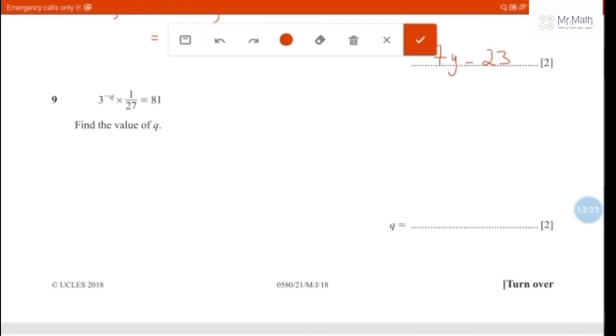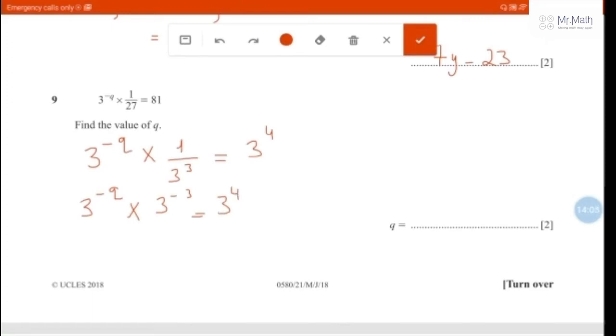So 1 over 27 is equivalent to 1 over 3 cubed, and 81 is equivalent to 3 to the power of 4. So here I'm going to move 3 cubed to the numerator, so it becomes 3 to the power of negative 3.